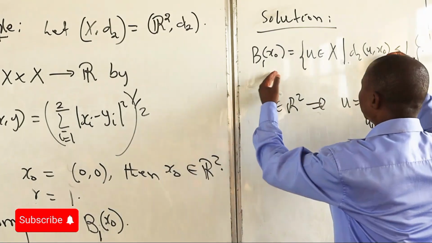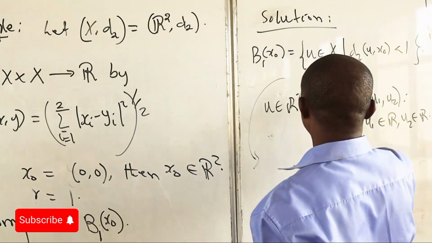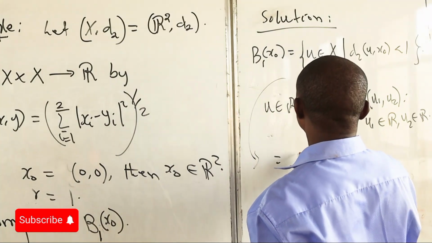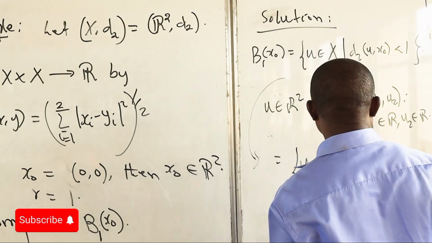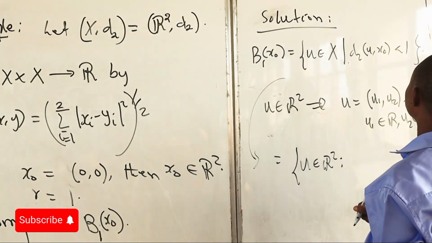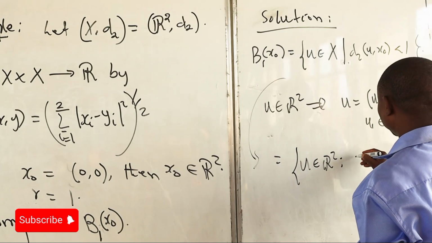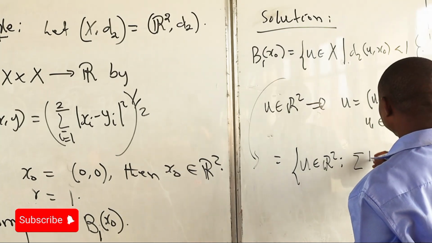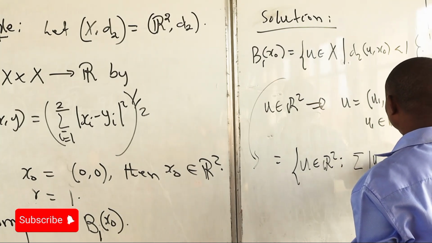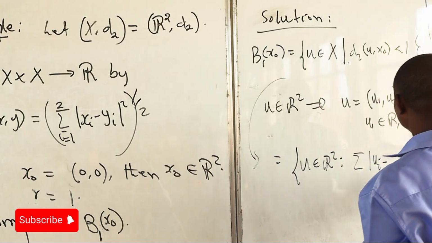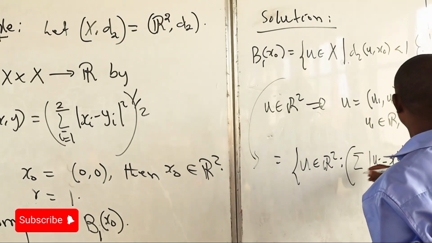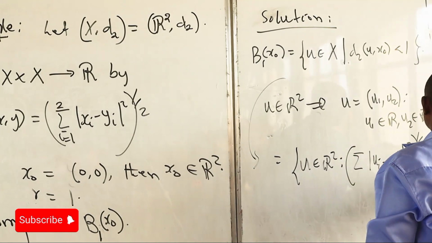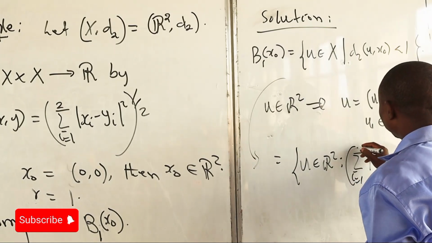So with this information, this is equal to the set of u in R2 such that the summation of absolute value of ui minus, let me abuse notation and write this as x naught i, squared, raised to the power 1 over 2, is smaller than 1, with i from 1 to 2.